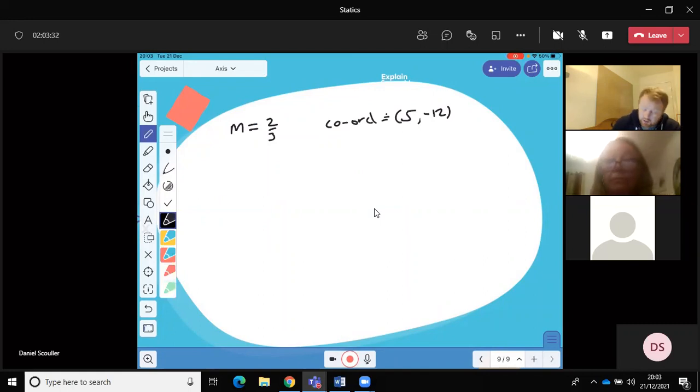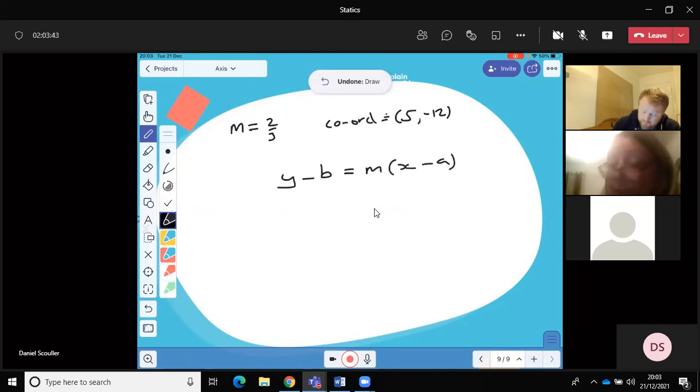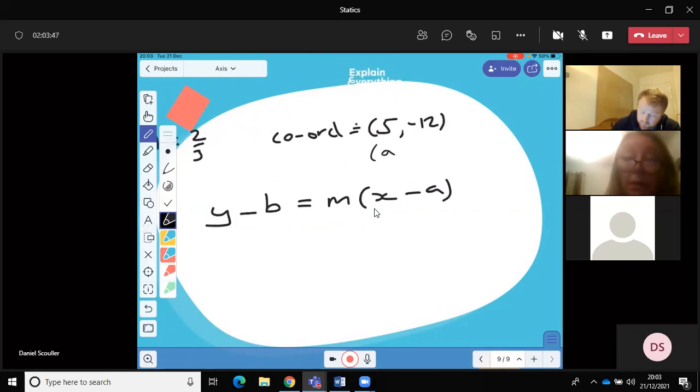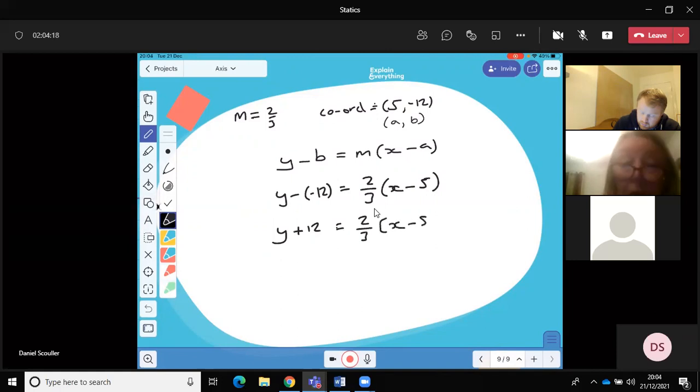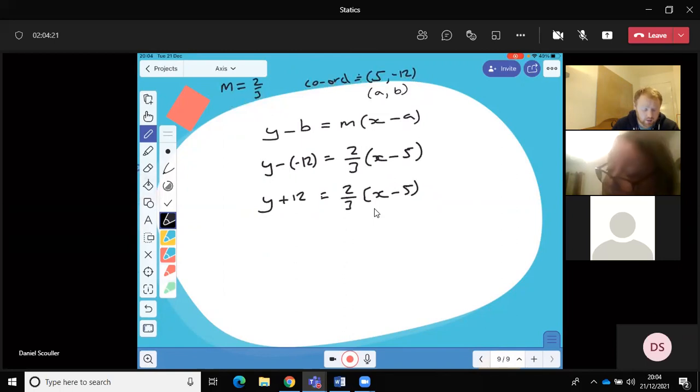So straight in, y minus -12 equals 2/3 x, minus... That's me just tidying up the double negatives. The next thing I want to do is break that bracket.